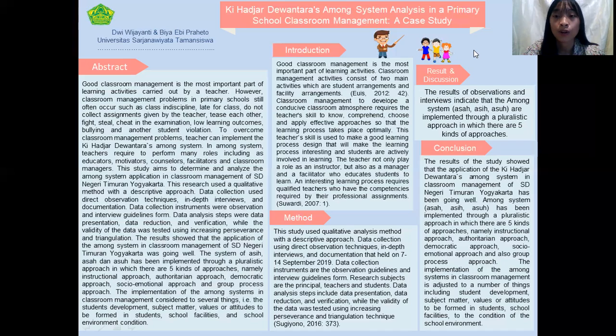And last, for the conclusions, the result of the study showed that the application of the Ki Hajar Dewantara among system in classroom management of SD Negeri Timuran Yogyakarta has been going well. Among system, ASA, ASI, and ASU has been implemented through a pluralistic approach in which there are five kinds of approaches.